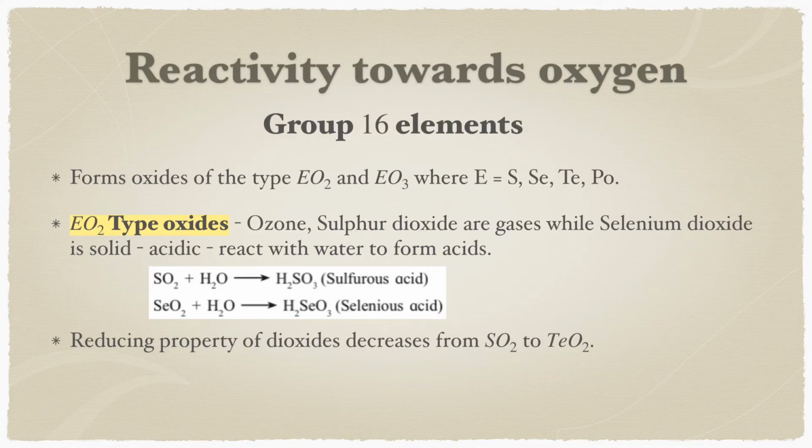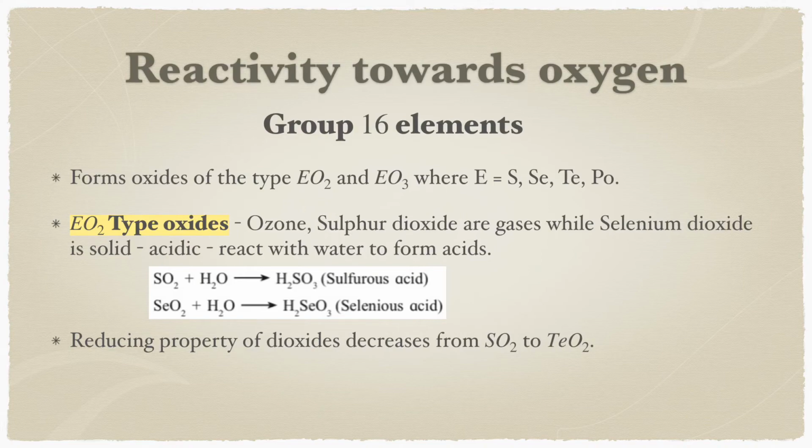Next, we will see the reactivity towards oxygen of group 16, 17 and 18 elements. First we will begin with group 16 elements. Group 16 elements are nothing but the oxygen family. So we will be talking about the reactivity of oxygen with the rest of the elements in group 16.